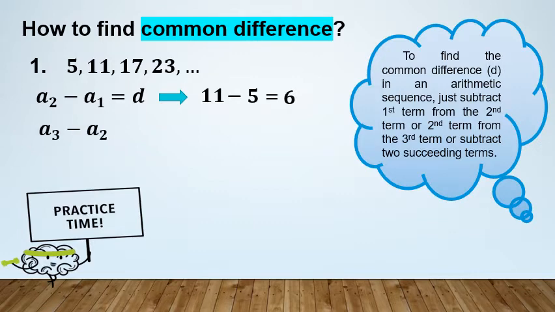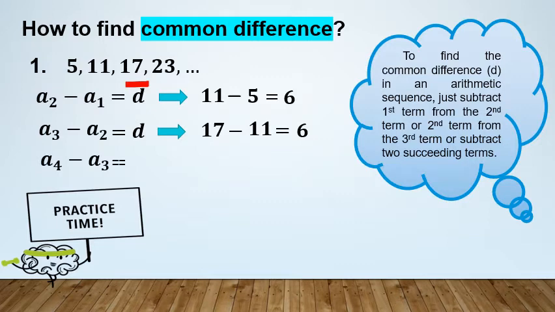6. a sub 3 minus a sub 2 equals d. Ang mangyayari, ang third term natin ay ito. 17 minus 11 equals 6. a sub 4 minus a sub 3 equals d. Magiging 23 minus 17 equals 6.